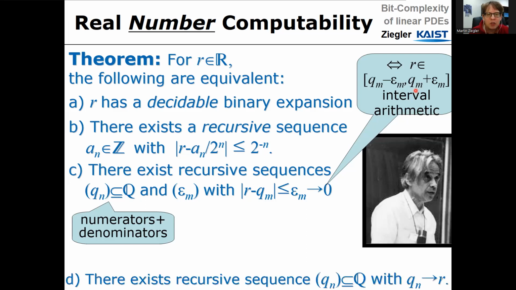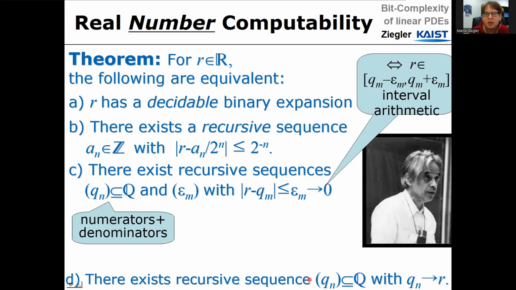I would like to mention also a fourth definition that sometimes occurs in numerical papers, namely outputting a sequence of approximations that converges to the real number without such error bounds.